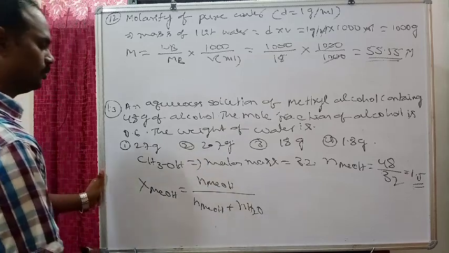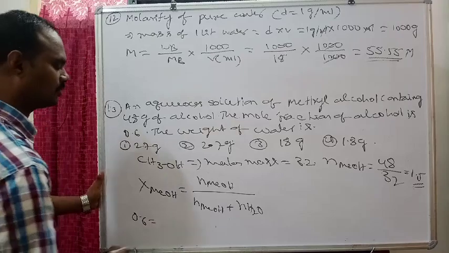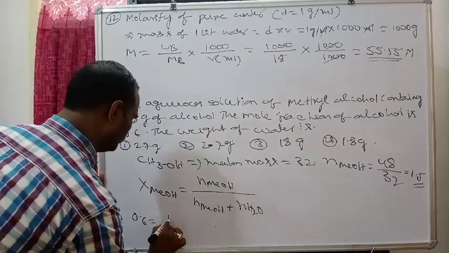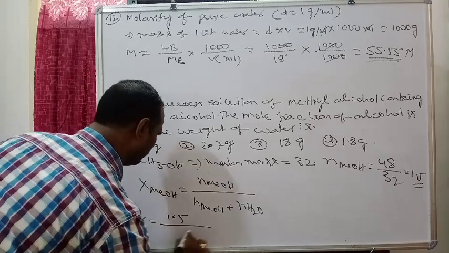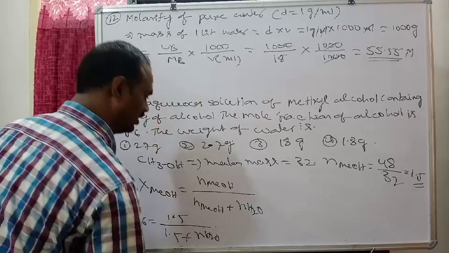So here the mole fraction of methyl alcohol, 0.6, is equal to the number of moles of methyl alcohol, 1.5, by 1.5 plus the number of moles of water.